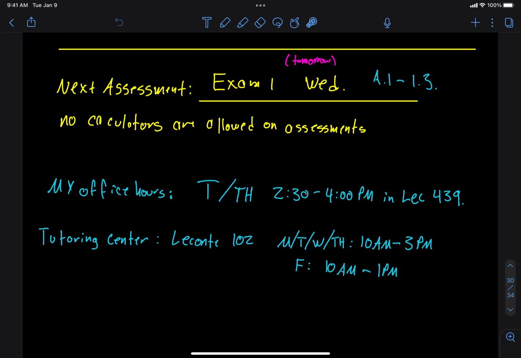Obviously, all those sections have a lot of content in them, so I tried to select something representative from each section. Nothing should surprise you as long as you've done the homework. All of the exam questions are pulled directly from the homework with minor adjustments.